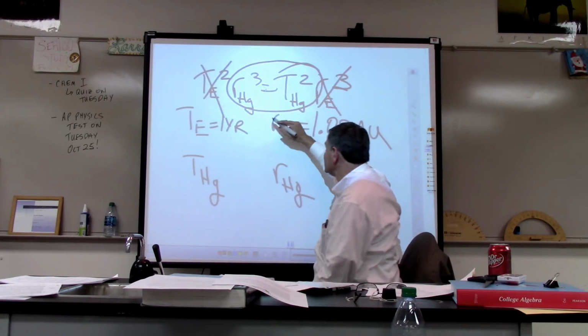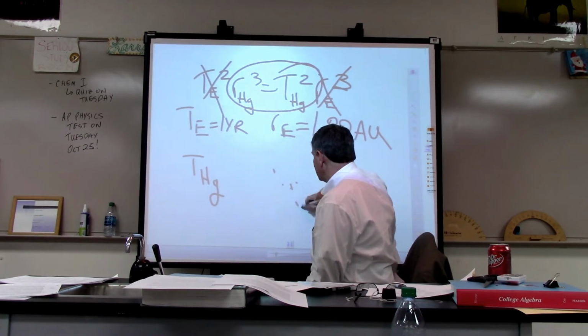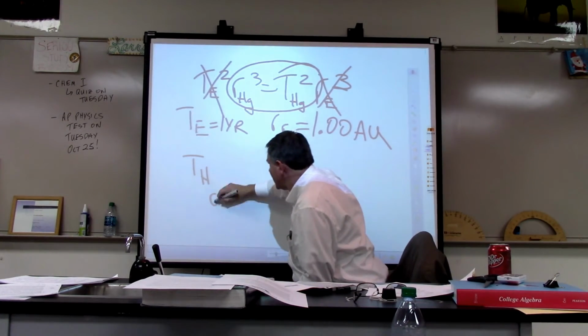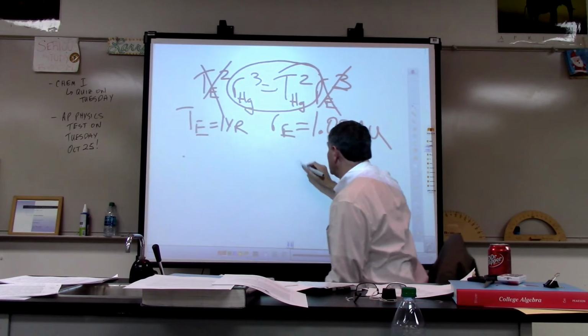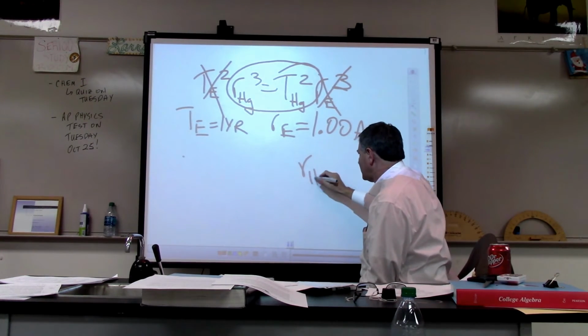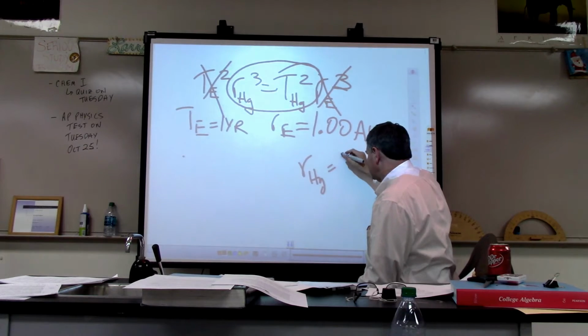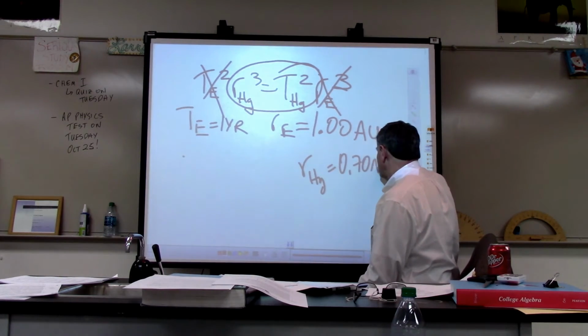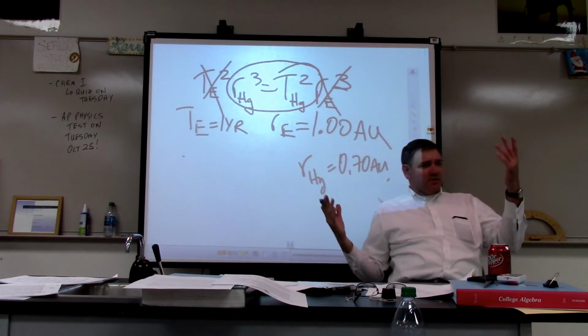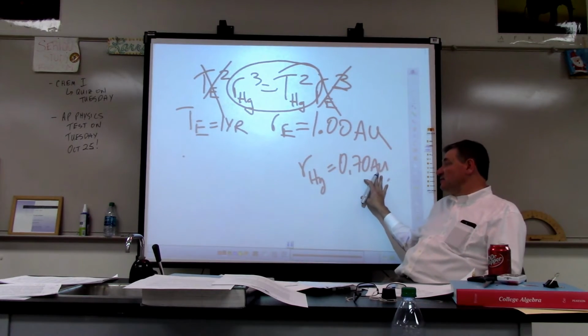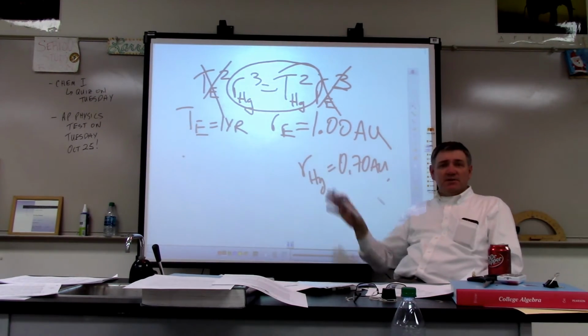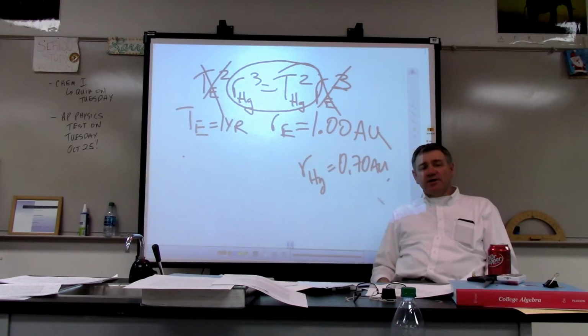So let's say, for example, that I'm going to let the radius of Mercury, just to make up a number, let's say that's 0.70 AUs. Okay? So if this is the radius of Mercury, what's going to be the period of Mercury? What are you going to have to do?